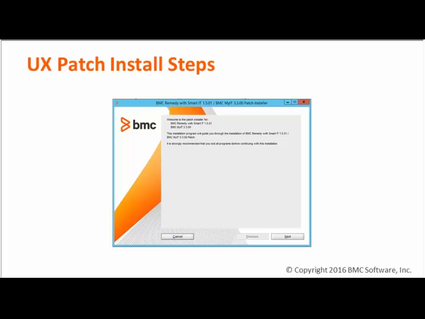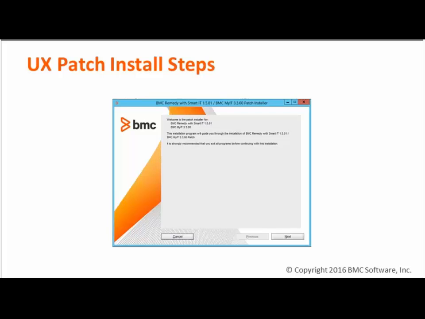What it basically does is install all the integration workflows onto the AR server so that it can work seamlessly with MyIT when you install MyIT on the MyIT server. You will download these two installers, the UX Patch and the MyIT installer, from the EPD, and the UX Patch installer should go to the ITSM server, and the MyIT installer should go to the MyIT server.